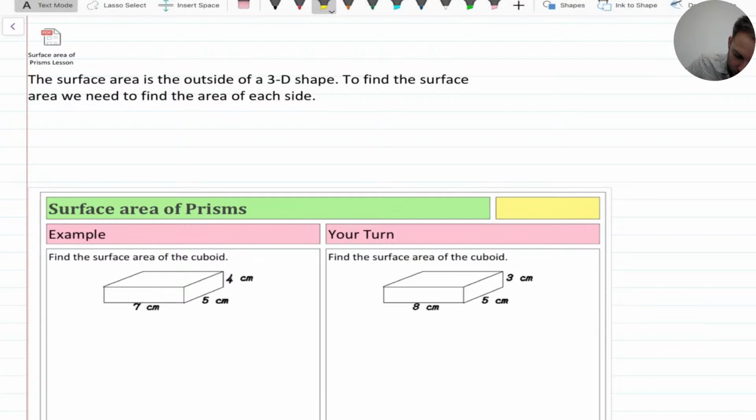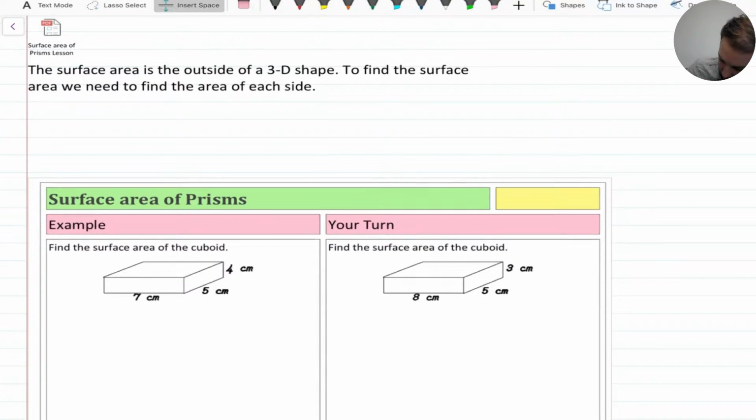So I'm just going to draw a little cuboid here. I'll show you what I mean.